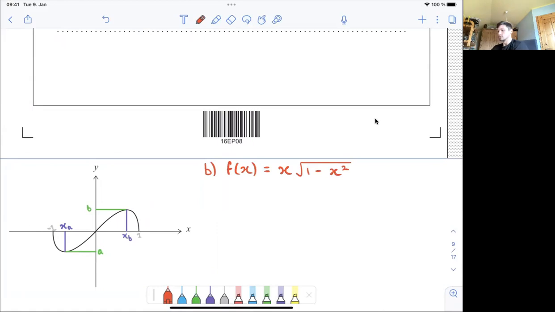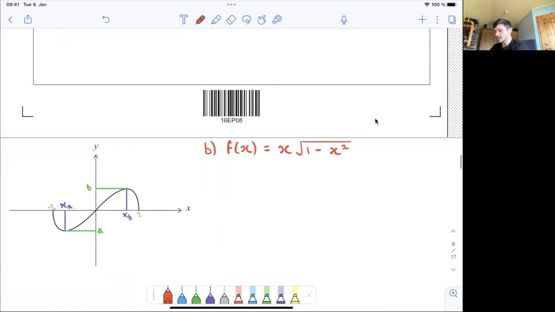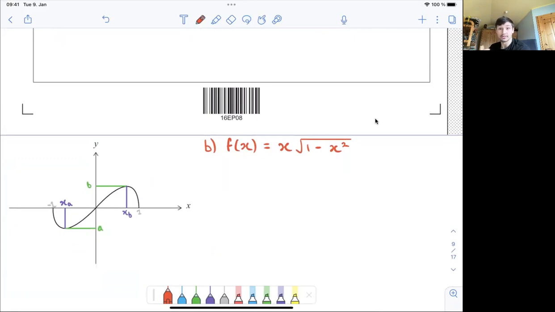So now, in order to differentiate our function f here, we're going to need the product rule and also the chain rule, okay? Since f(x) is the product of two separate functions, the first function being just x itself, and the second function being the square root of 1 minus x squared.